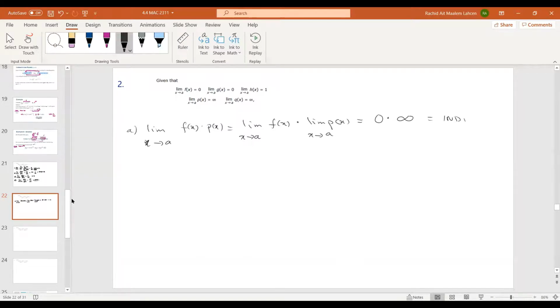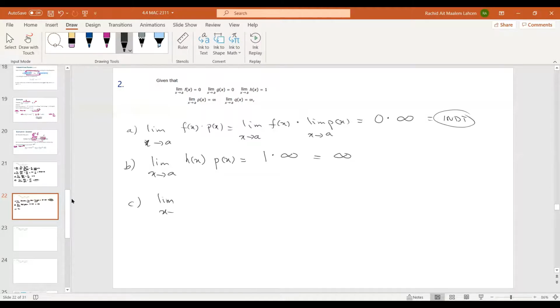That's an indeterminate form, right? So similarly, if we need h times p, the limit is 1 for h, and the other limit for p is infinity. 1 times infinity is infinity, not indeterminate.